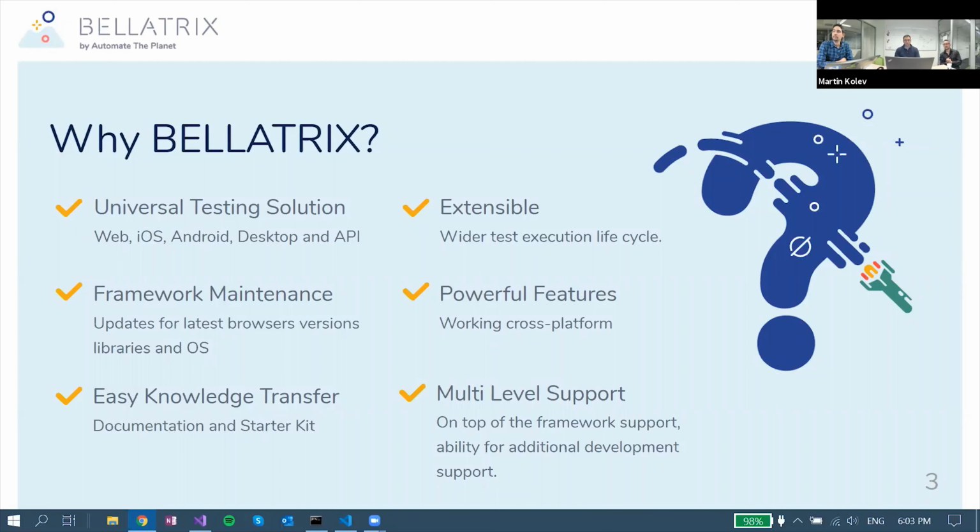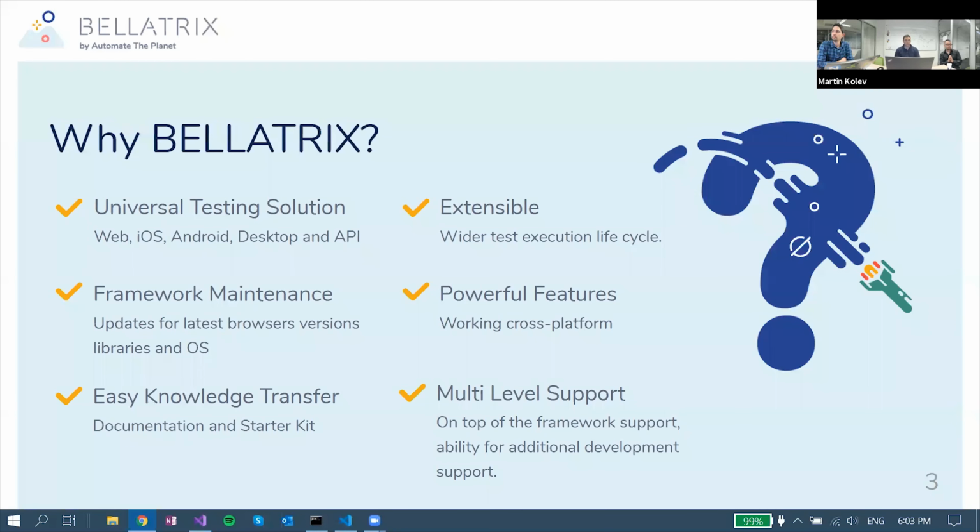The first thing is this is a universal testing solution, meaning that with a single framework you can automate web, iOS, Android, desktop, and API. We strive to make the API similar for all these platforms, meaning that if you learn how to write web tests, it will be easier to switch to write desktop tests.